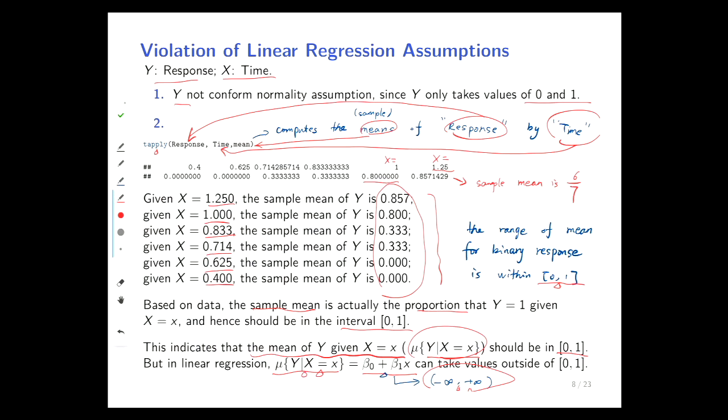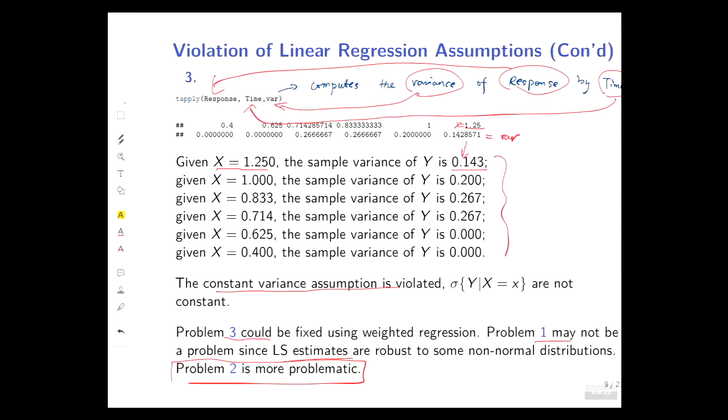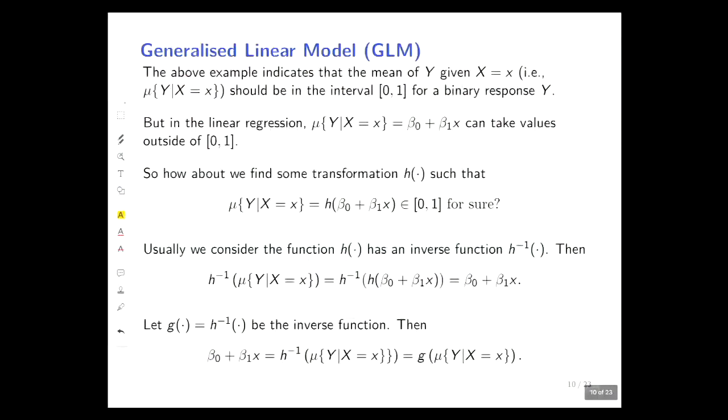So this is our regression equation. So how can we do that? In order to solve this kind of problem, the problem here is that for this binary response variable y, we always have the mean of response in the interval 0 and 1, because the mean of response usually means the proportion of y equals to 1.